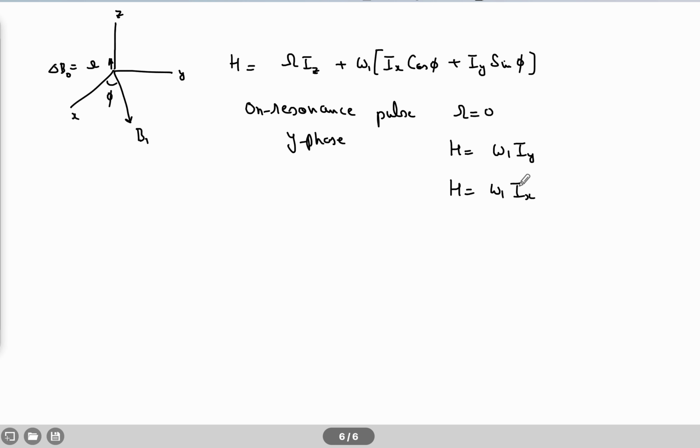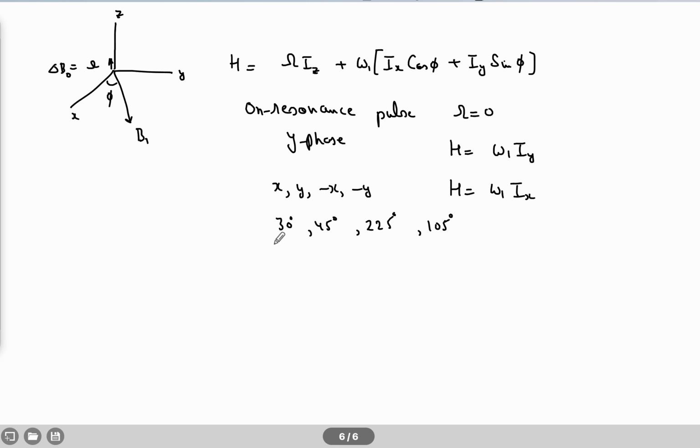So typically in most NMR experiments, pulses which are applied are either X phase, Y phase, minus X phase, or minus Y phase. However, in certain experiments, which are although rare, phases can also be 30 degree, 45 degree, any random phase, 225 degree, 105 degree.